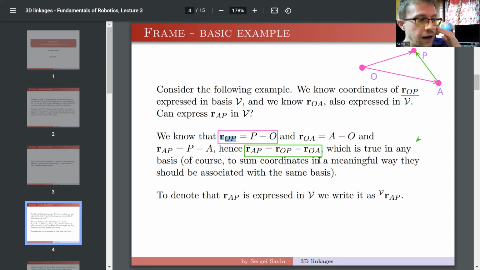That is important. And as an abstract vector, it's not coordinates with respect to some sort of a basis. It is just a vector. Here, on the other hand, we explicitly say this is coordinates of R with respect to basis V. So whenever we add that it is expressed in some basis, we already know that it's not just a vector, it's coordinates of a vector.